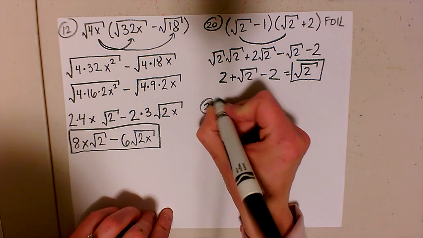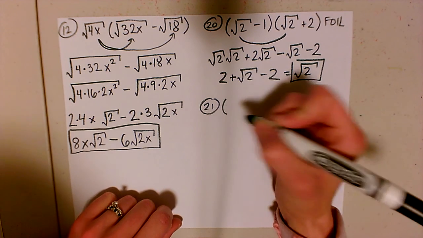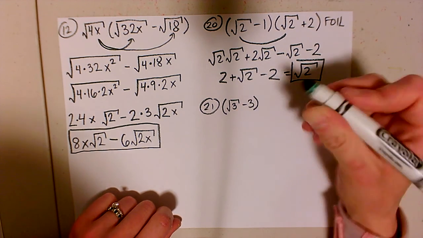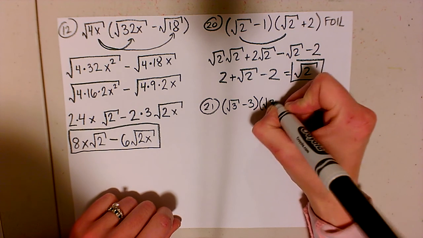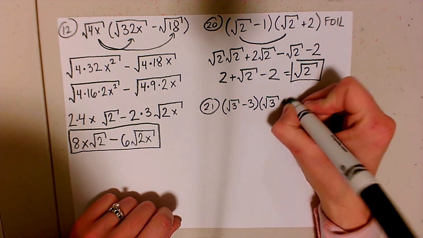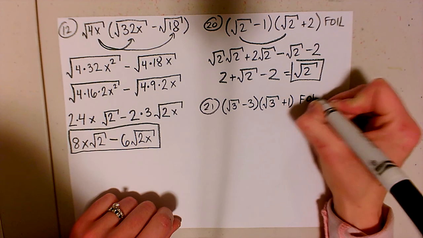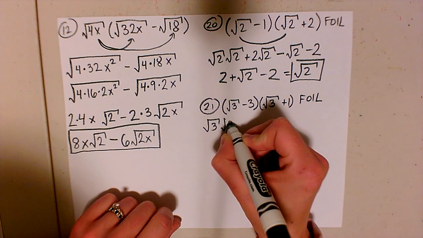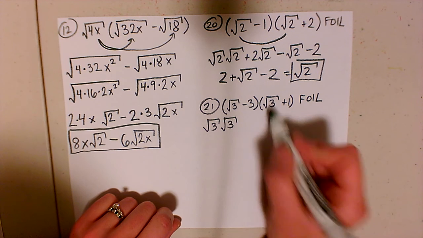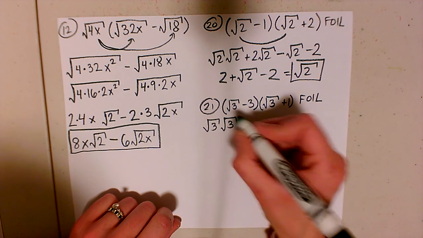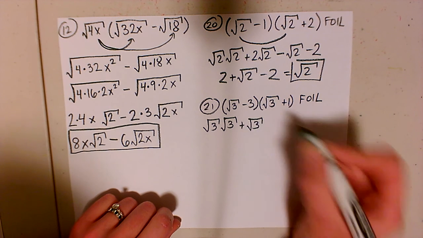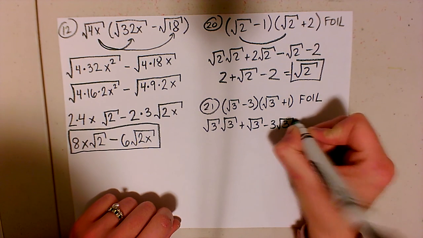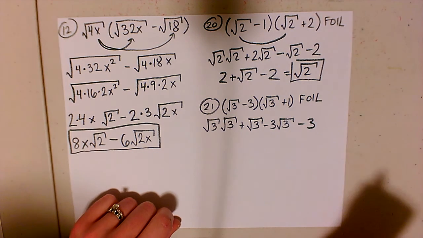So going on to 21, we'll have the same kind of process there. So we'll have root 3 minus 3 times root 3 plus 1, right? And we can FOIL. So root 3 times root 3, multiplying my first, and then my outers, plus 1 root 3, so that'll be plus root 3, and then my inners, minus 3 root 3, and then my last, minus 3.